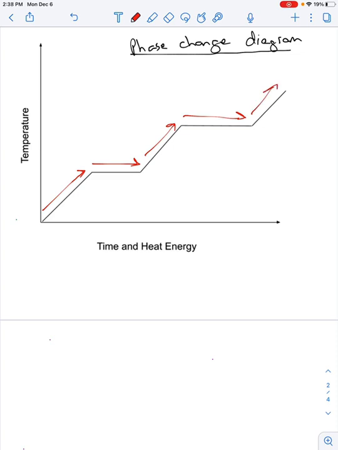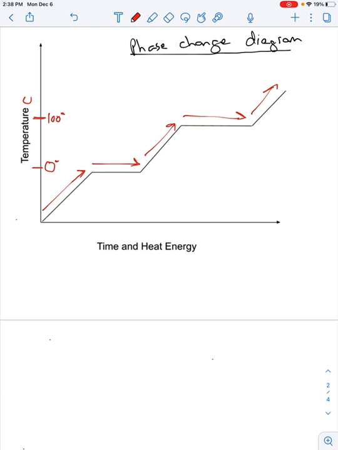Something important we need to add right now as well is that right here where that line goes flat, for water anyway, it's 0 degrees Celsius. Should add Celsius over here. And then where that line flattens out here again, that's 100 degrees Celsius. So those are two important temperatures for water, and we'll find out in a moment why.